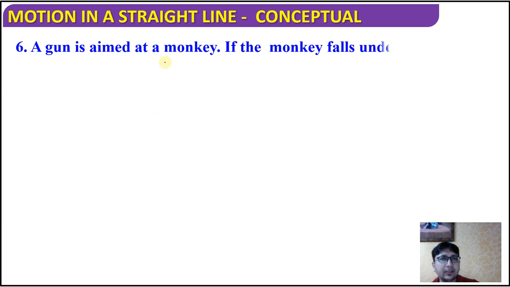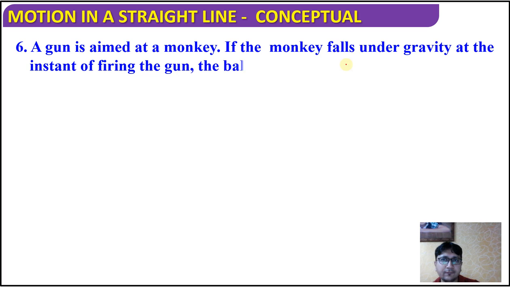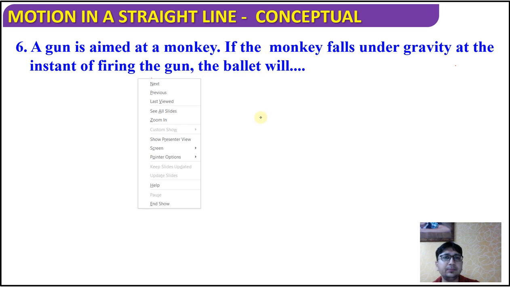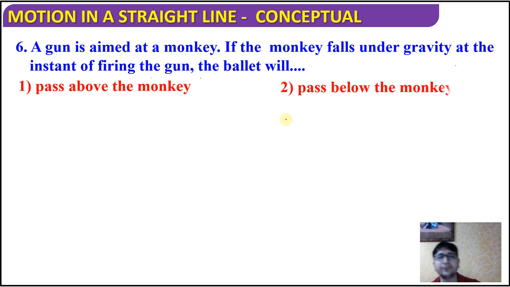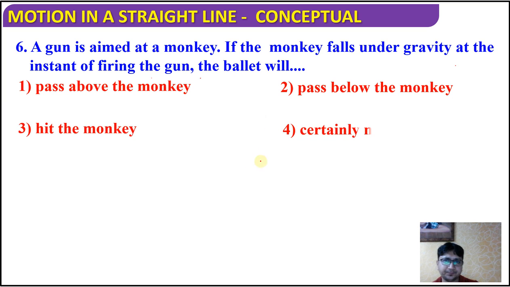A gun is aimed at a monkey. If the monkey falls under gravity at the instant of firing the gun, the bullet will be. Okay, let's see what will happen. Hope you understood the question. The question says that a gun is aimed at a monkey.